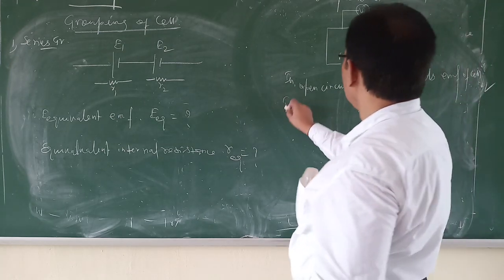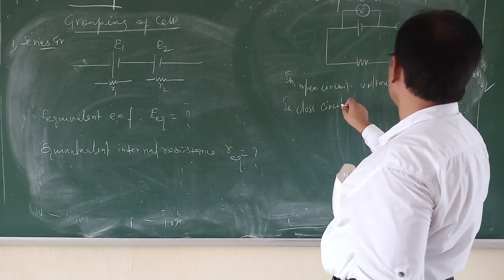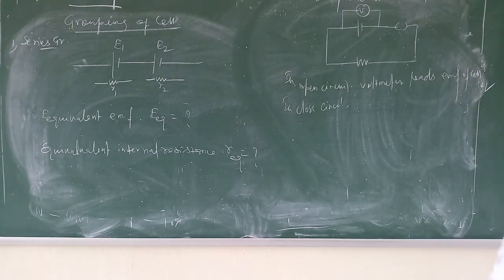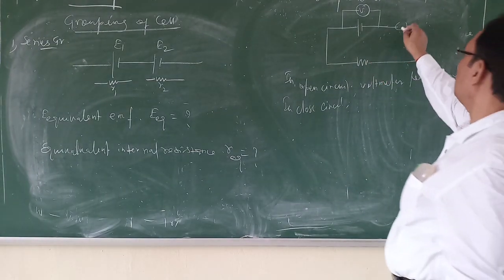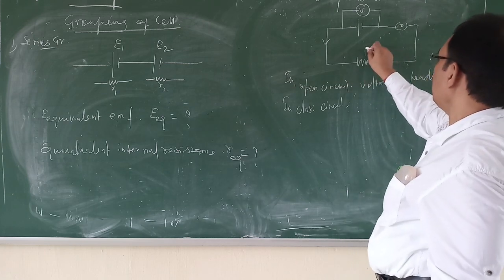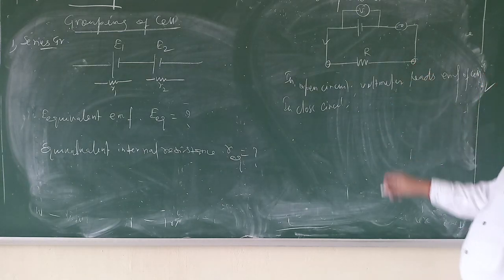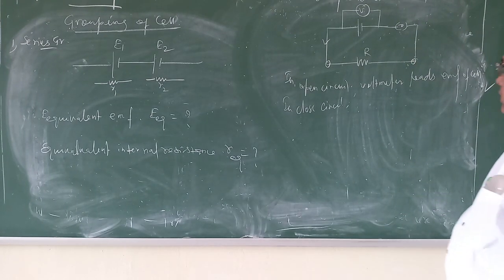But in a closed circuit, when the circuit is closed, a current is drawn from the cell. R is the resistance, so the potential across this resistance will also be considered.